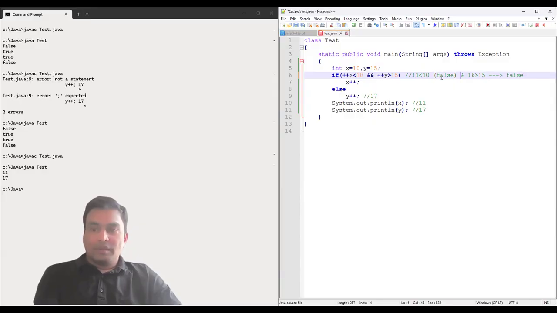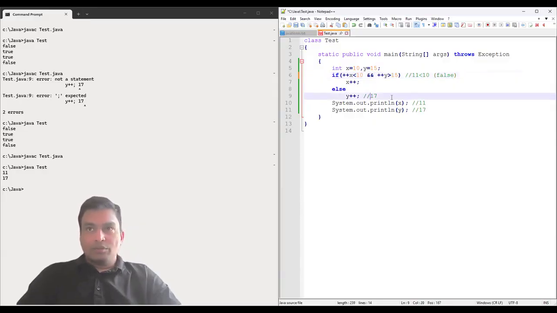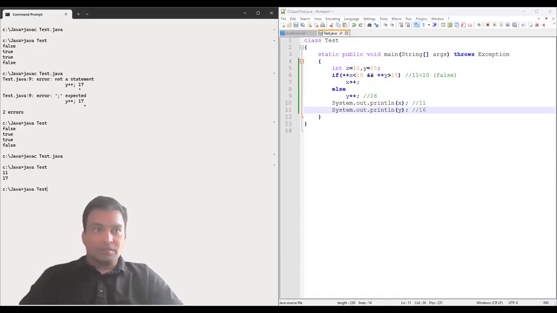So the rest of the condition is not evaluated, and it directly goes to y++. In y++, we have 15, and y++ will be 16 in this case, because ++y is not evaluated as it is a logical AND. So the output should be 11 and 16.